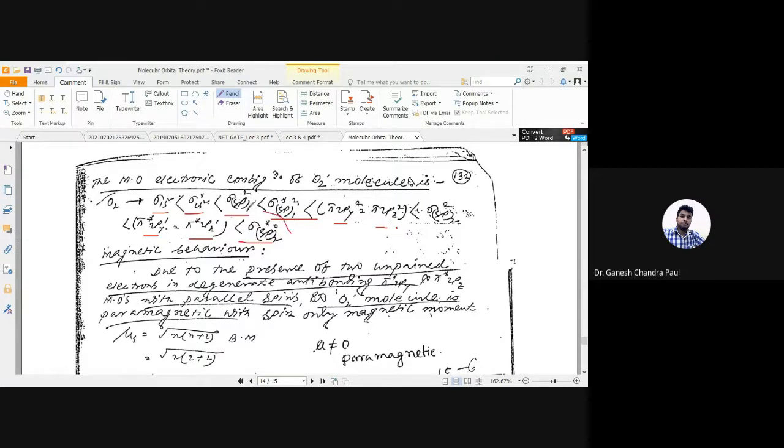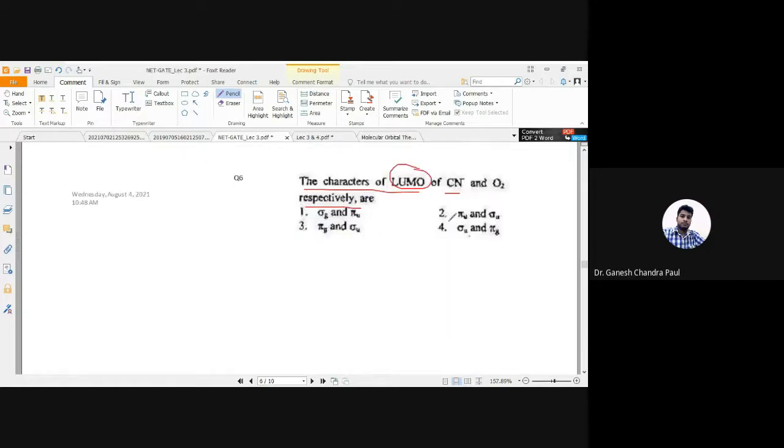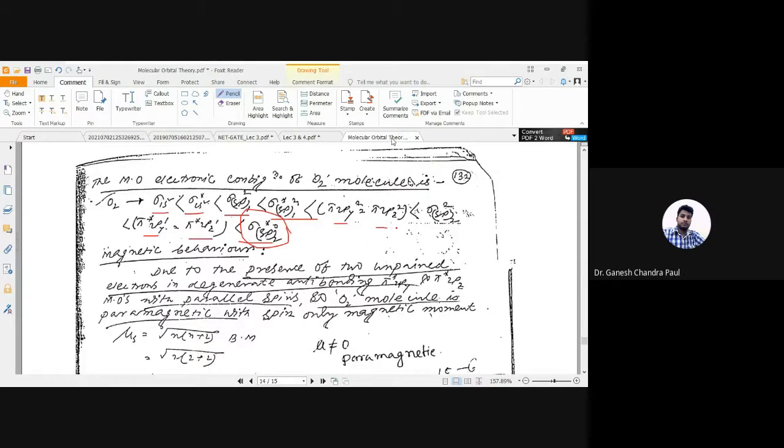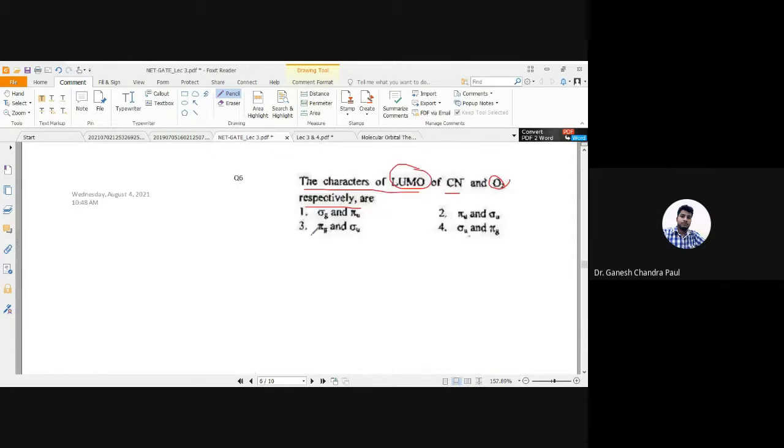So that means this particular MO is the LUMO, the lowest unoccupied molecular orbital. Now you just go back and check. In case of dioxygen, the LUMO is sigma bonding, and the u stands for ungerade. Okay, sigma bonding.